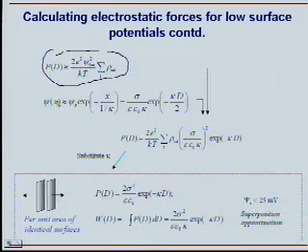We need to express this potential in the point x, which is half of the distance between the plates. So we use the formula that we have already derived, the expression that has the surface charge. We just put in here x equal to d over 2. This is the distance between the surface and the mid-plane.